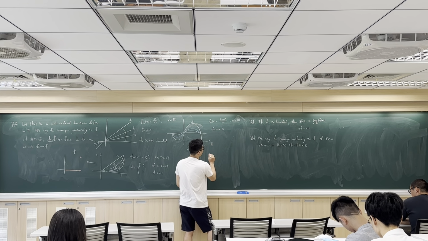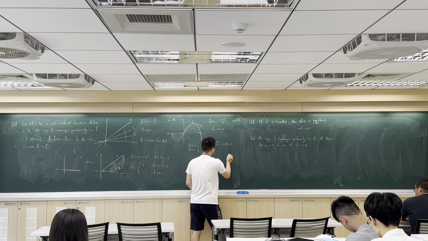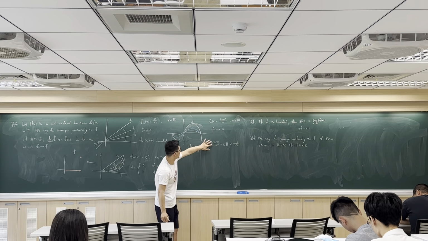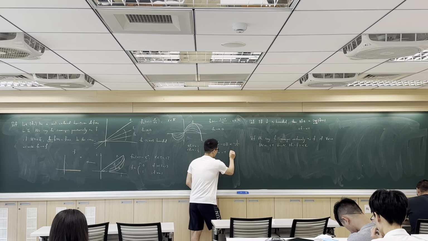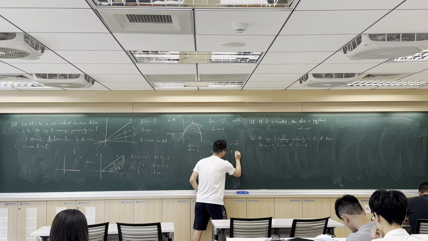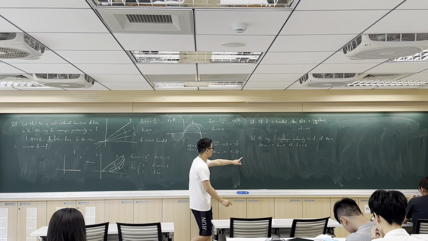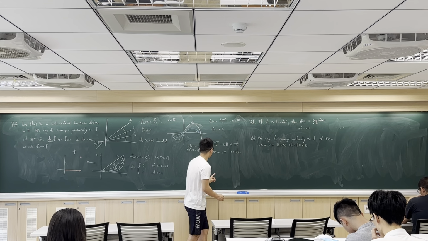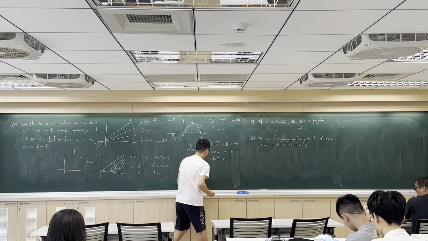We have the norm of sine x over n minus 0 is at most 1 over n, because sine x is bounded by 1. So for any epsilon, there is an n such that epsilon is larger than 1 over n. So this condition is satisfied. So Fn converges uniformly to 0.